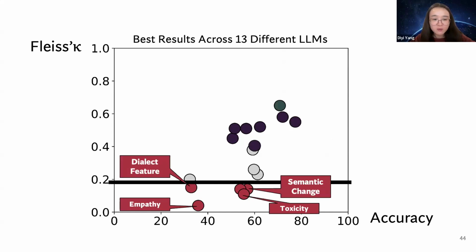And if you keep moving to this regime, you see that around one third of the tasks, even the best models still show very, very poor annotation agreement with human annotations. Those kappas are below 0.1 or 0.15.